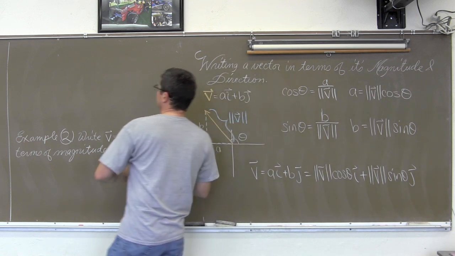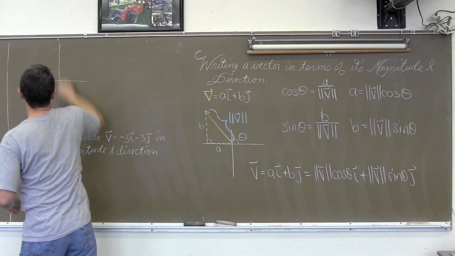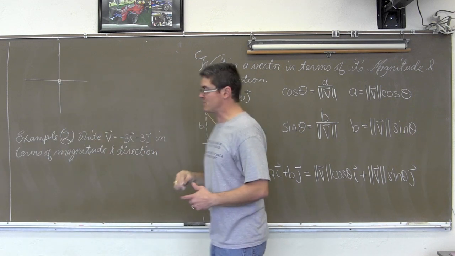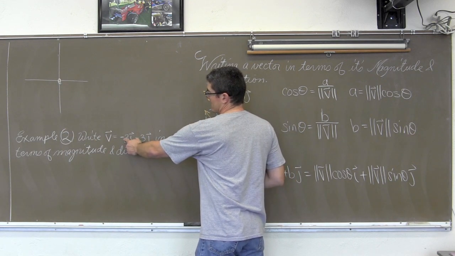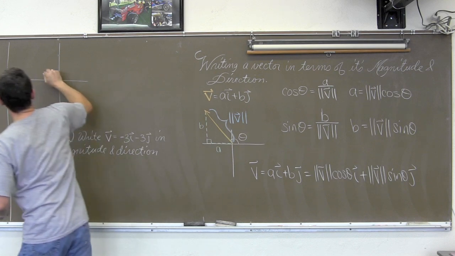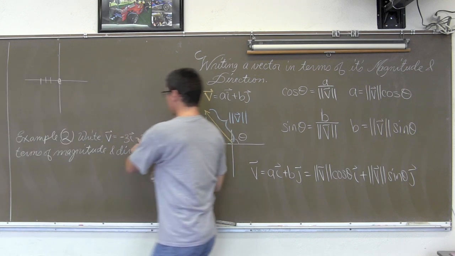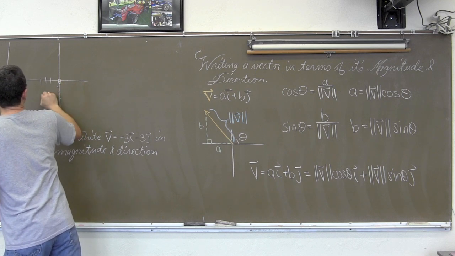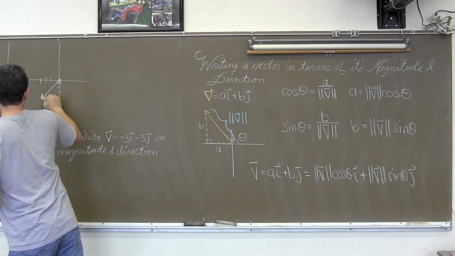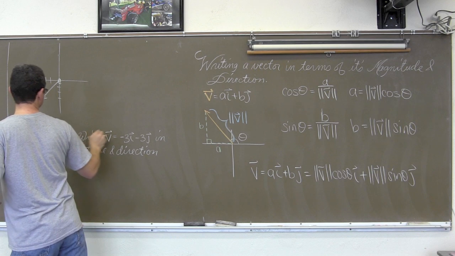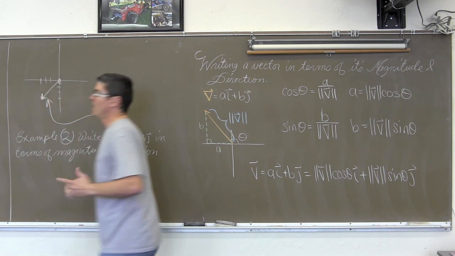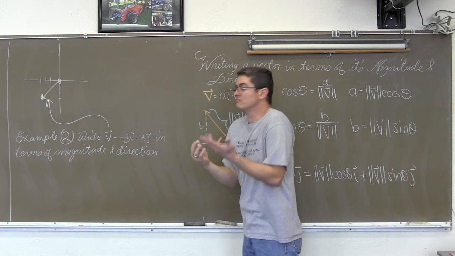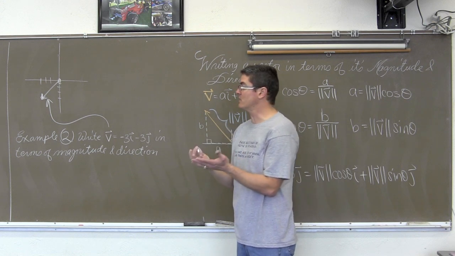Our vector, and I'm going to again, for convenience sake, put the initial side on the origin, has a horizontal component of negative 3, a vertical component of negative 3. Here is my vector v.